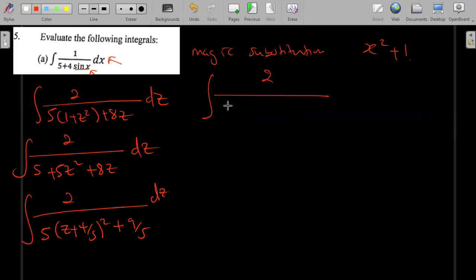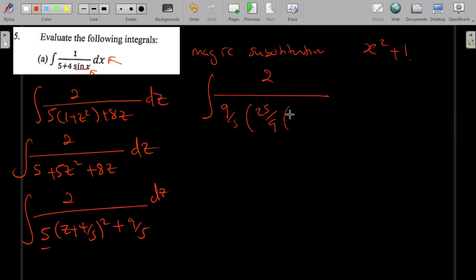Then if I factor out here 9 over 5, then what do I get? So in the first part, when I factor it out, I'll have 25 over 9, because here 25 over 9 just gives me the 5, which is there. So I get this in the first part.